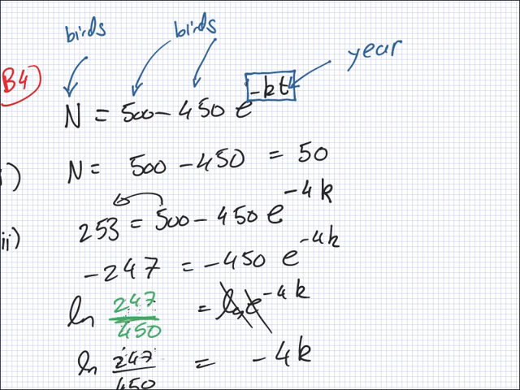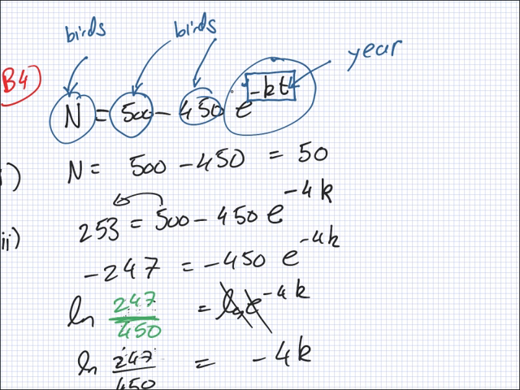There should be no unit on the kt. You need to listen, because nobody gave me the right answer here. There should be no unit on the kt. The reason for this is this is birds, and this is birds, and they combine to make birds. You don't want a unit here. For example, imagine this was also years. Then you can't have this equation anymore, because you can't have birds minus bird-years.